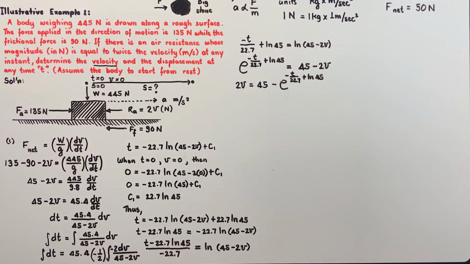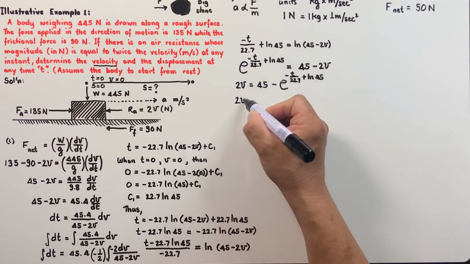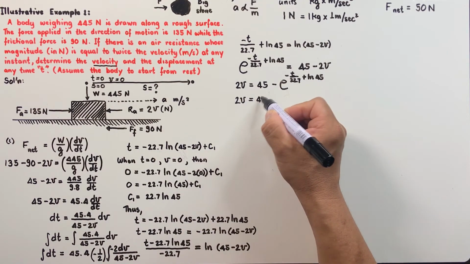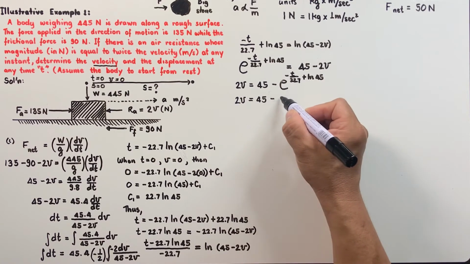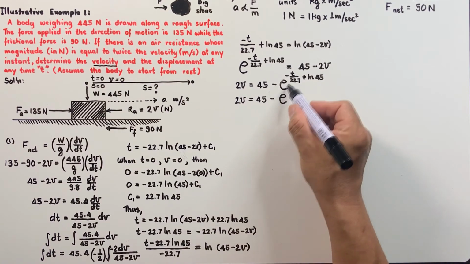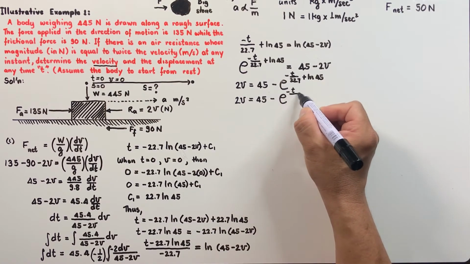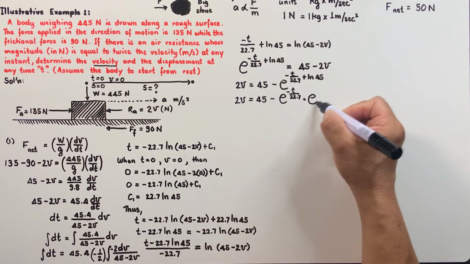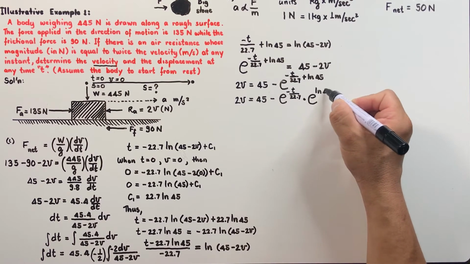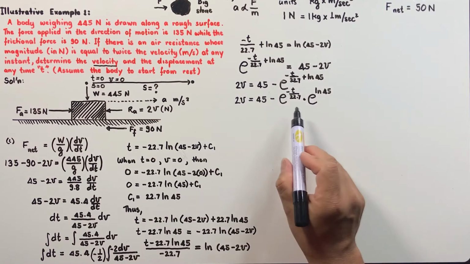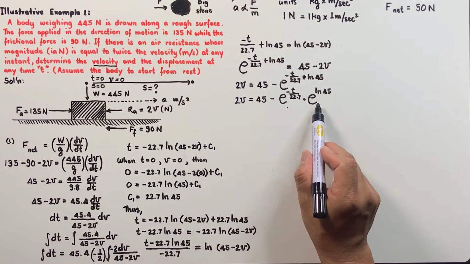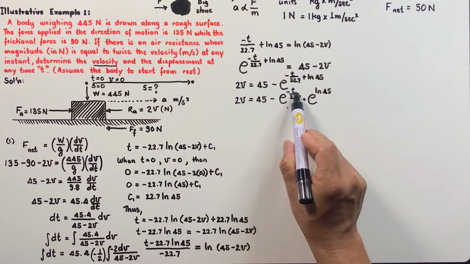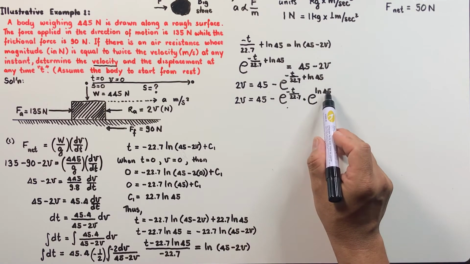And using the laws of exponents, that sum of two terms in the exponent can be expressed as e to the power negative t over 22.7 times e to the power of the natural log of 45. And you can check that when you multiply this one, the product must have an exponent which is the sum of these two exponents.